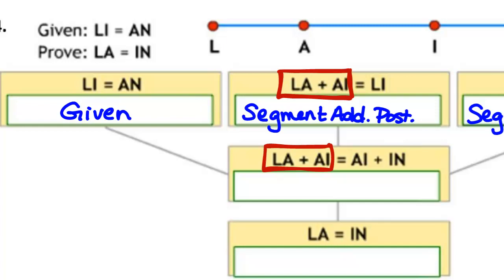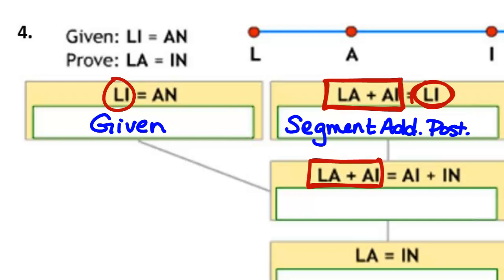LA plus AI is equal to, it's the same as what? LI. Well, there's an LI right here. So if I replace this LI with LA plus AI, that gets me right here. What would allow me to make that replacement since these things are equal? Substitution. Okay, so that gives me that piece.